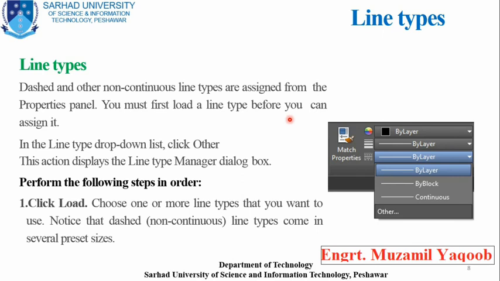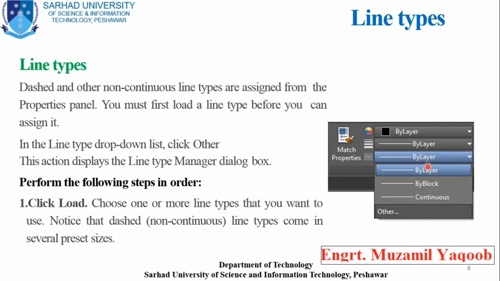Another thing you can do in the properties section is change the line type. Dashed or other non-continuous line types are assigned from the properties panel. In this picture you can see the different line types, for example continuous line or dash line, in the line type drop down list.